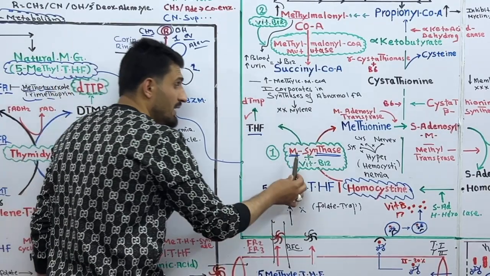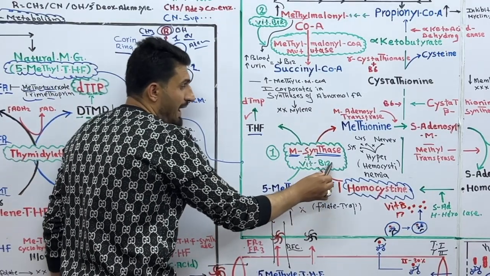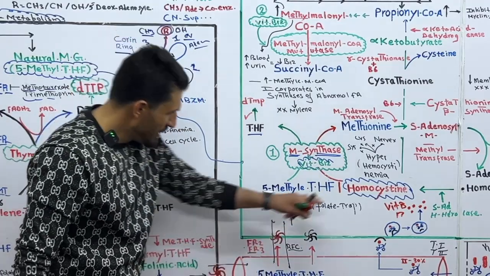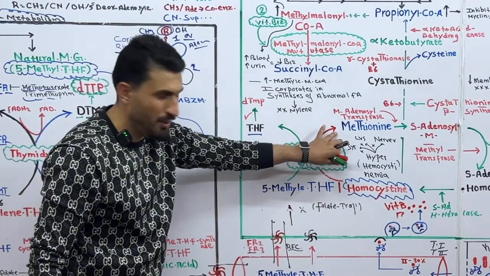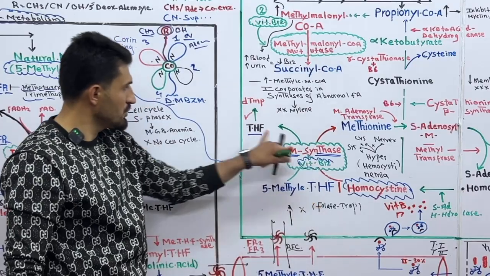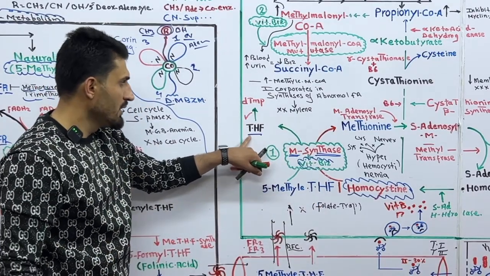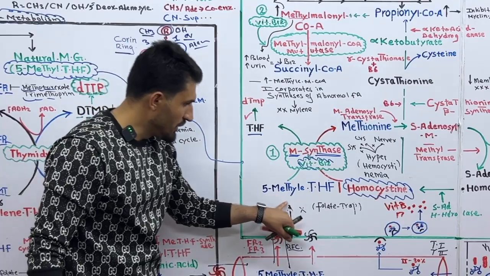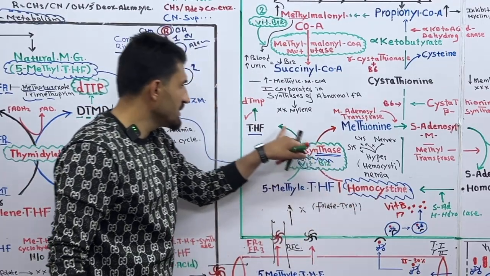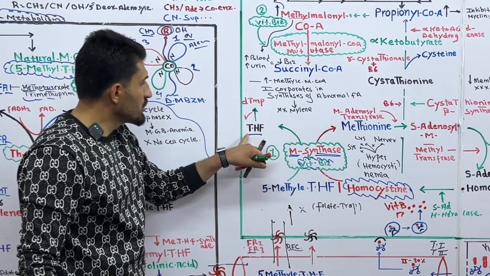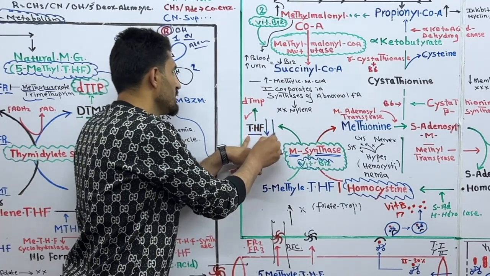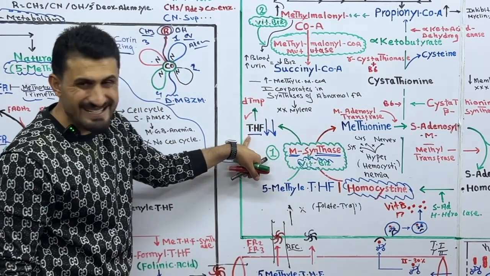Okay, so here as a cofactor, vitamin B12 helps this methionine synthase enzyme to convert homocysteine to methionine and 5-methyl tetrahydrofolate to tetrahydrofolate. Now, this is the point. If we cannot convert 5-methyl tetrahydrofolate to tetrahydrofolate, tetrahydrofolate will be less in our body.